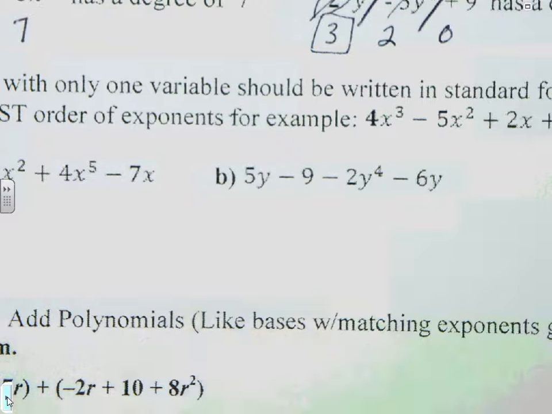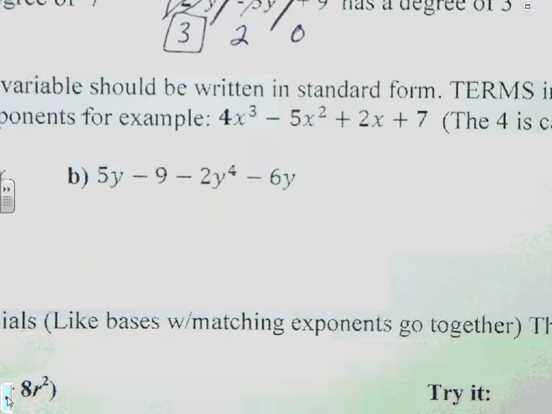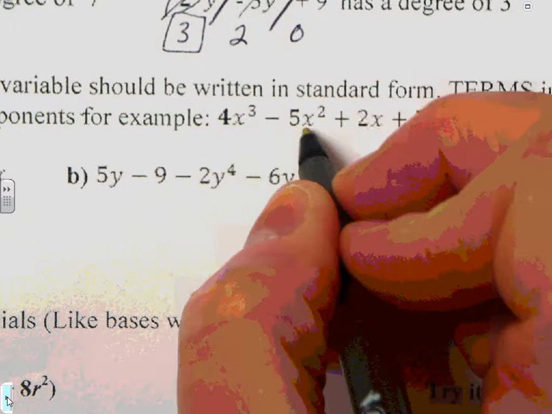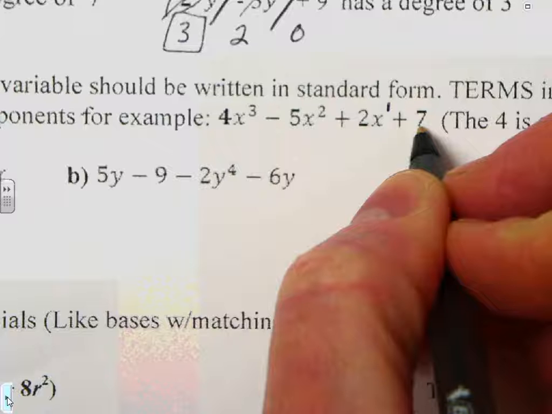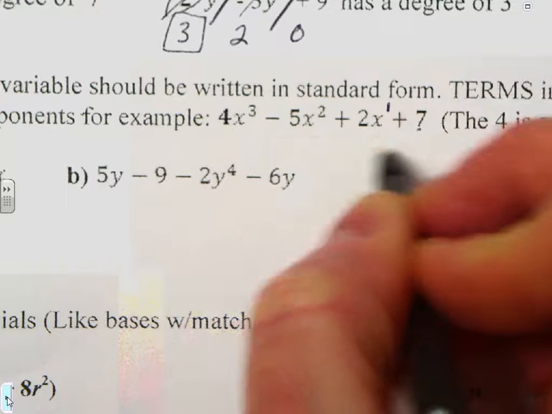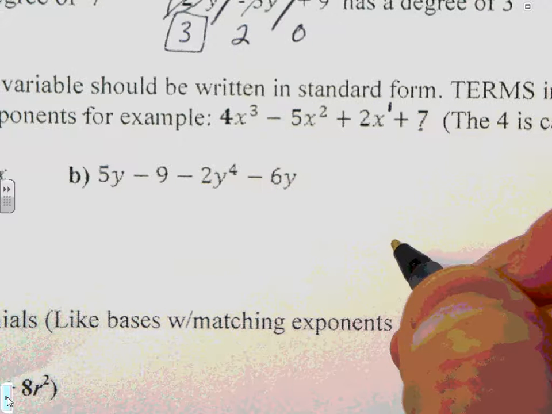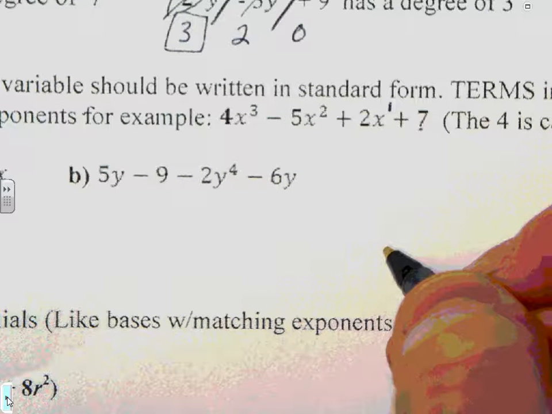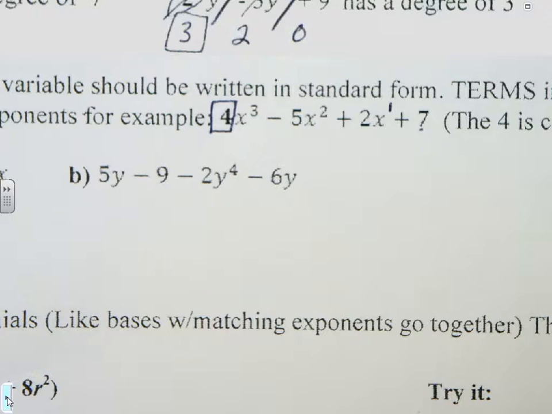If I look at this example, notice that this is what we call standard form. I have a 4, I have an x to the third, an x to the second. This would be an x to the first, and then my constant is at the end by itself. That's standard form. Once something is in standard form, they can ask you what the leading coefficient is. That's asking you what number is leading the problem, and the answer is 4.